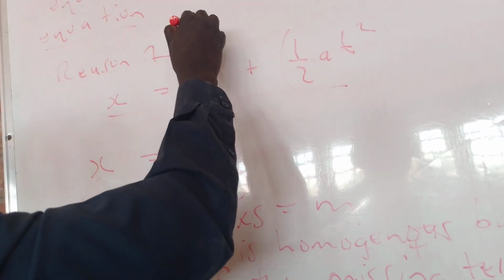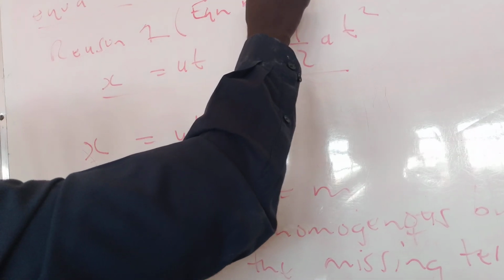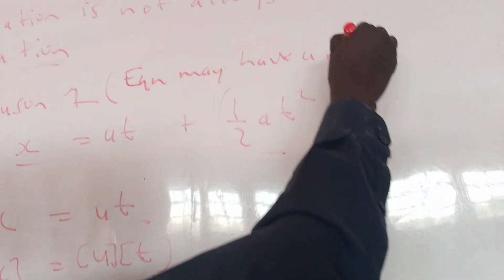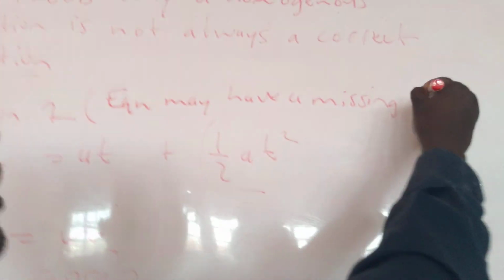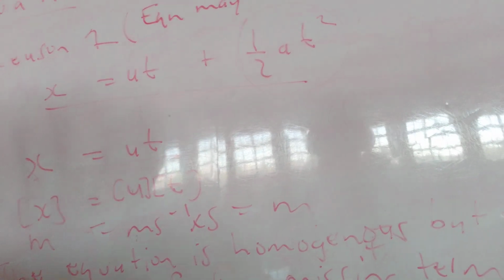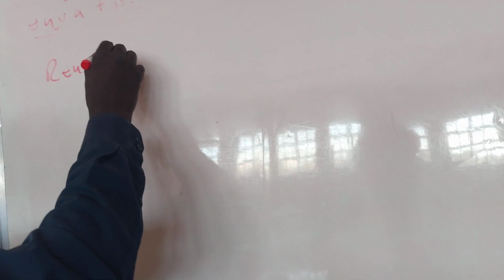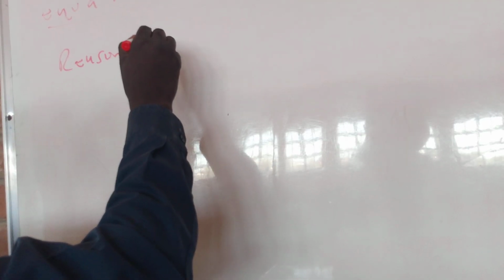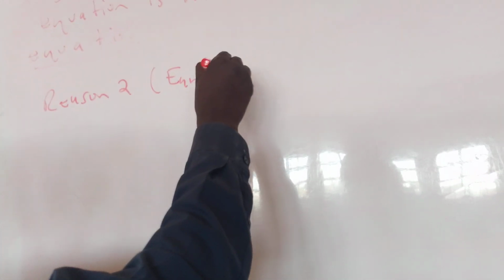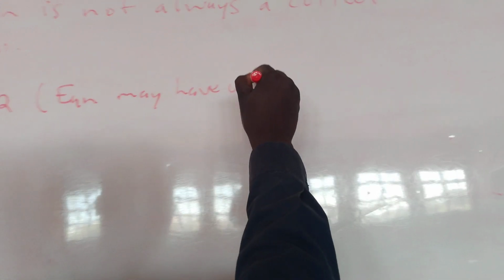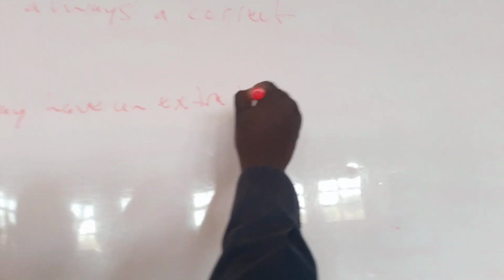So the equation may have a missing term. Reason 2 why an equation may be homogeneous but incorrect: the equation may have an extra term.